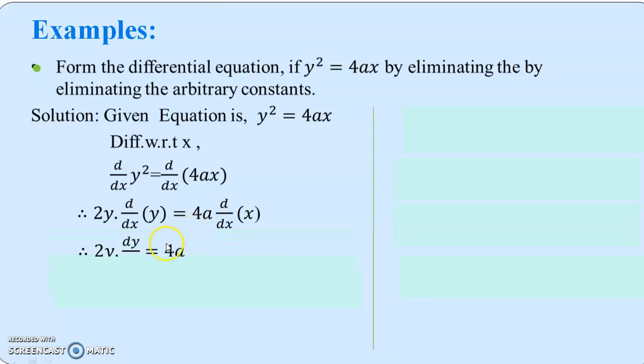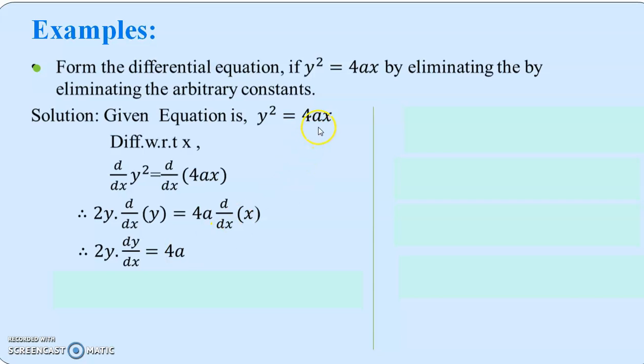So 2y dy by dx is equal to 4a, and the derivative of x is 1. So 1 into 4a is equal to 4a.